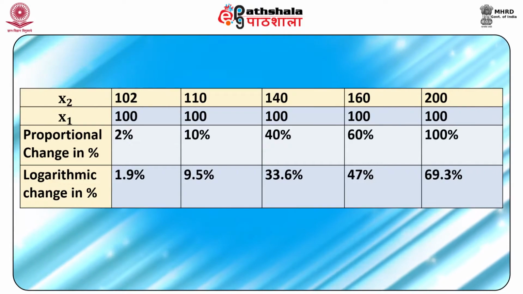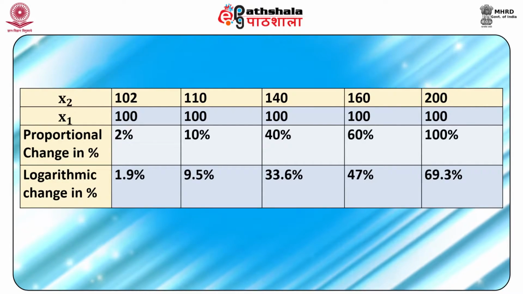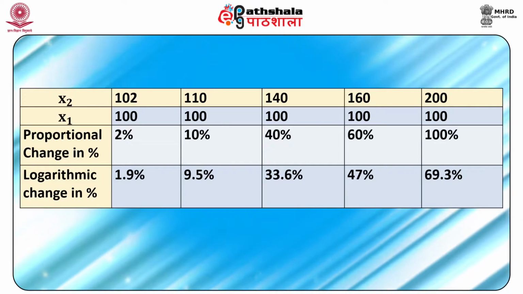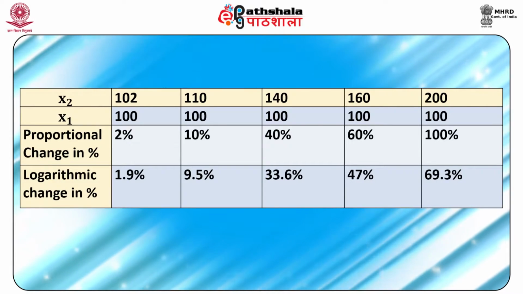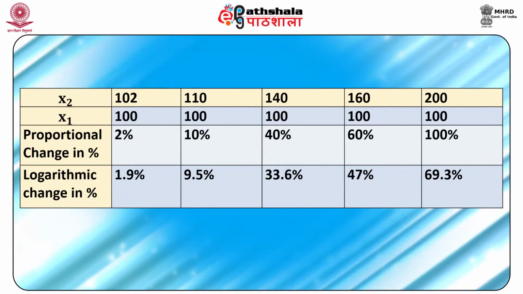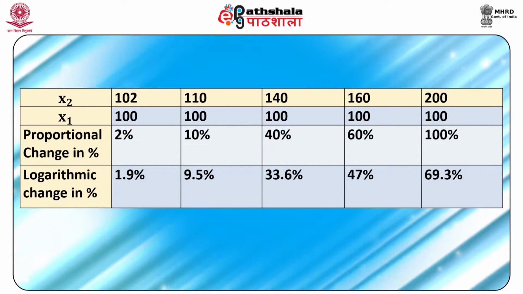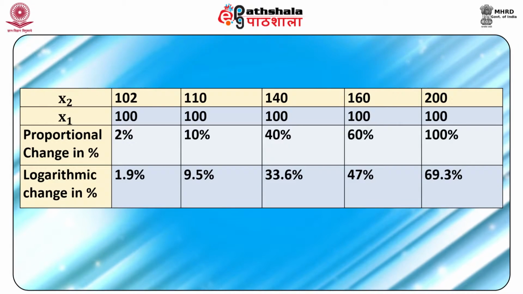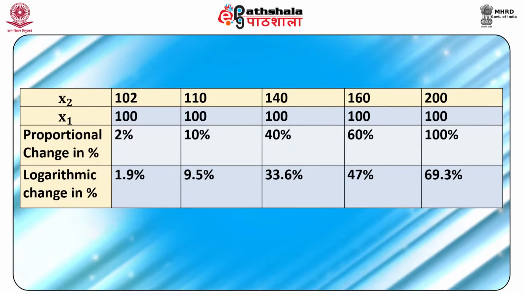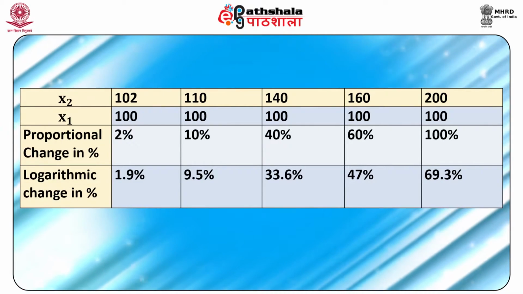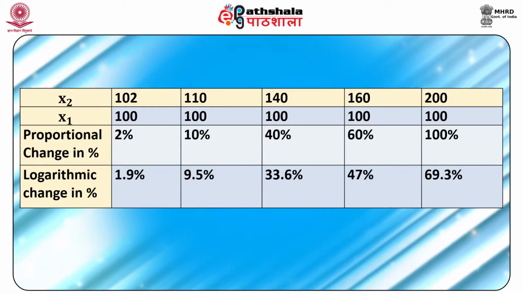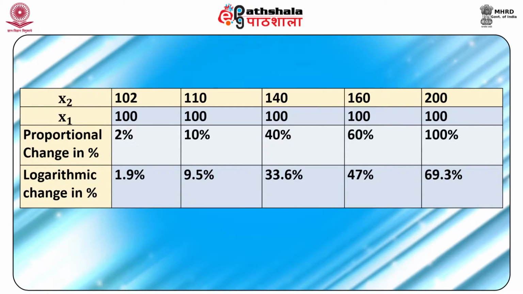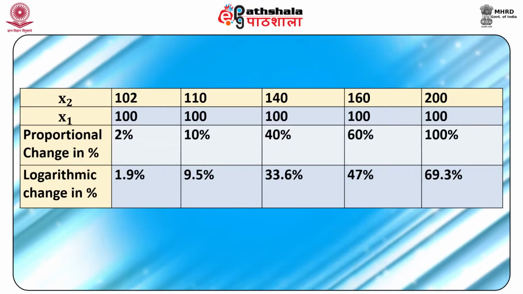Whereas if you measure the logarithmic change in percentage, you will find that it is equal to only 1.9%, 9.5%, 33.6%, 47% and 69.3%. When the change is small, proportional change and log change are almost equal. But as the change gets larger, the difference between them widens.